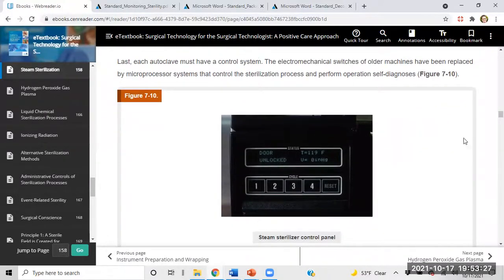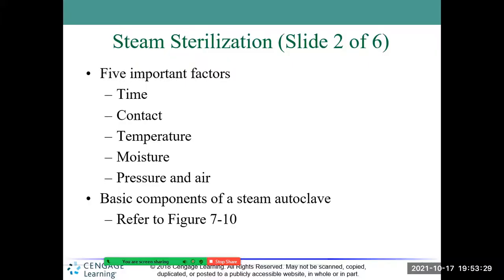It's just showing the panel. On a small scale, it looks like a little microwave, but you can put your equipment in there, wrapped, of course. You can also put peel packs in there and set it accordingly, and it will steam autoclave the equipment. I'll ask some of the techs to show you that.